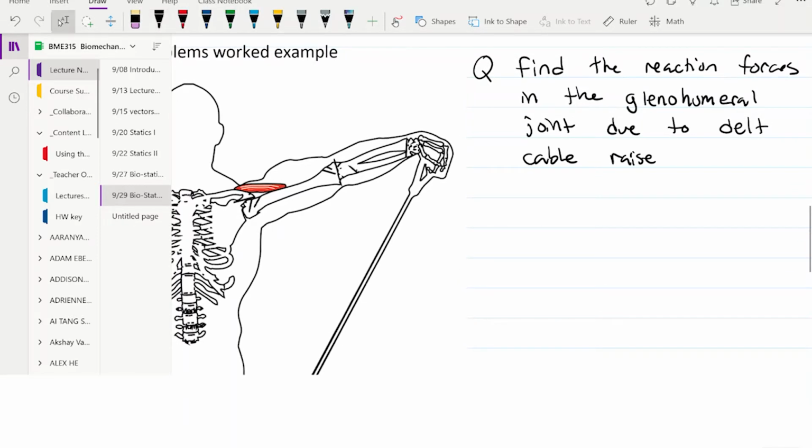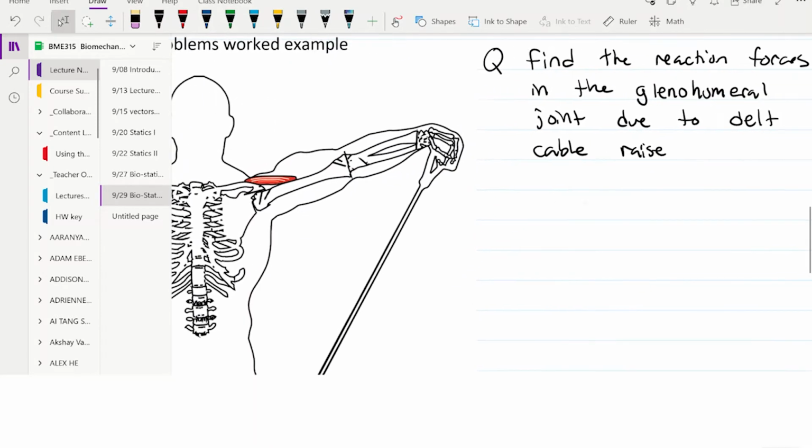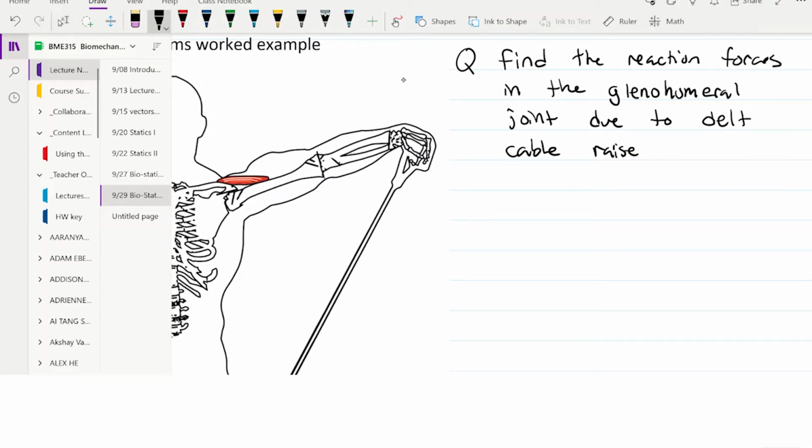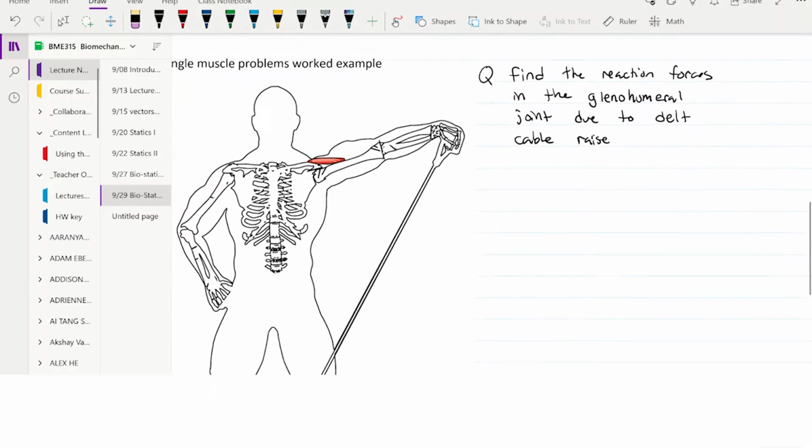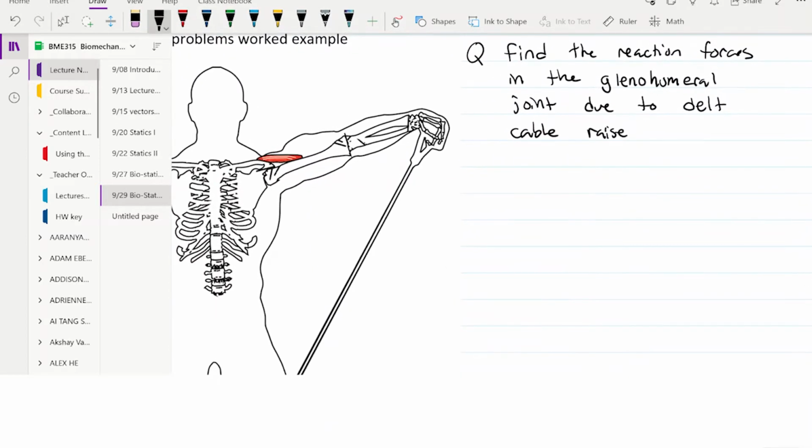So we know that there's a ton of different muscles. There's just way more muscles acting on this thing, but these problems get complicated really quick. So we're just going to simplify everything and say that the delt does most of the work.